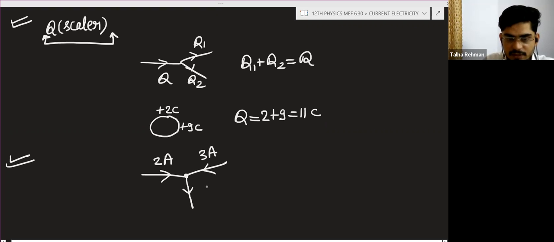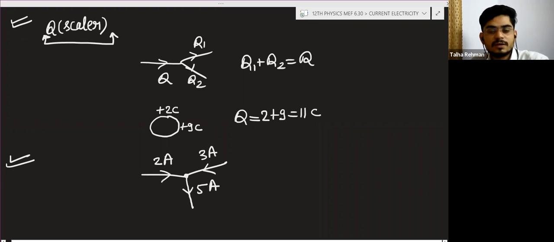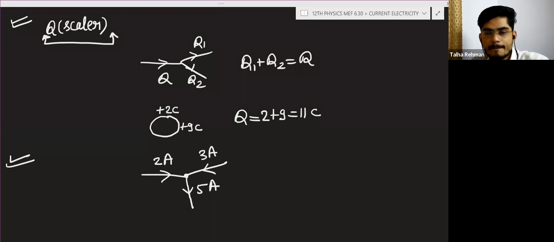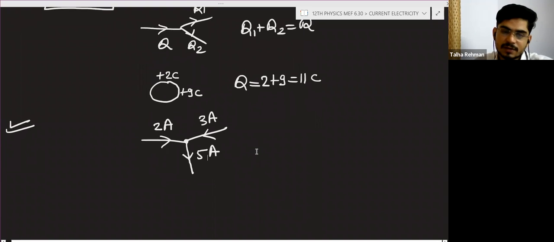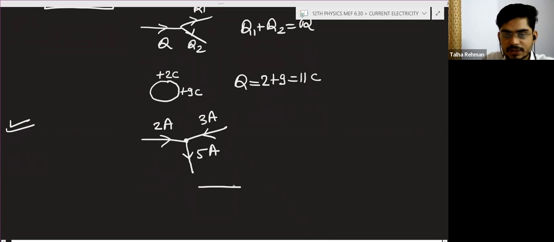In this direction, if you want to find the current, then you will simply add: 5 ampere. So you should say current is a scalar quantity. But there is a contradiction here. Current has the direction also.